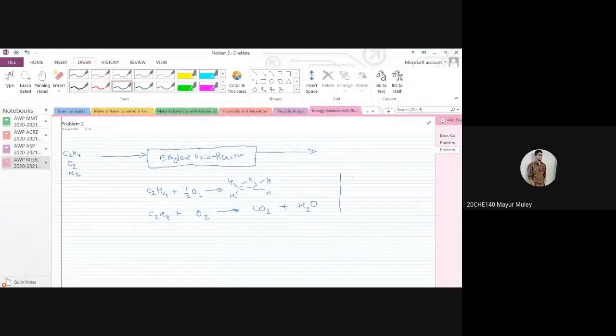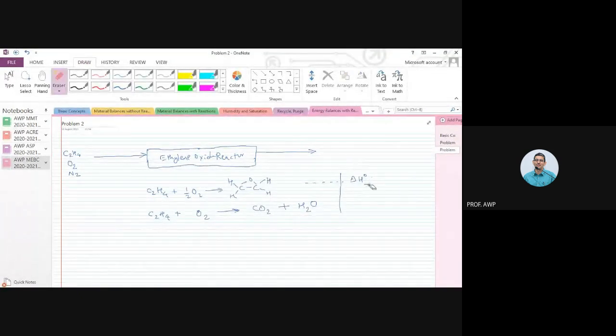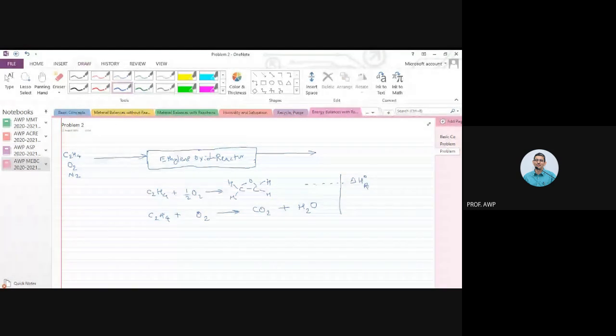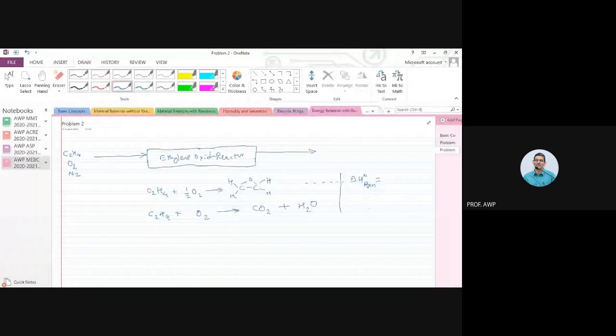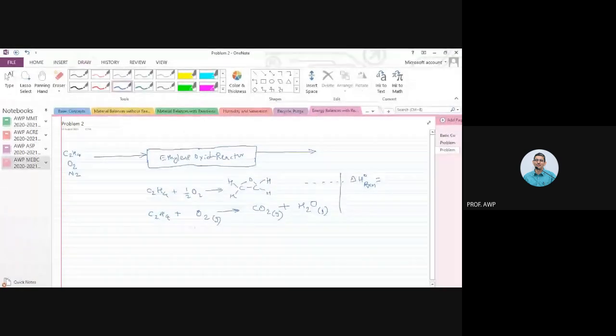Yes, sir. So for the first reaction, let us say delta H0F. I'll just straight away give you delta H of reaction, rather than giving you heats of formation, and that too in all these forms. Water in the gas state.